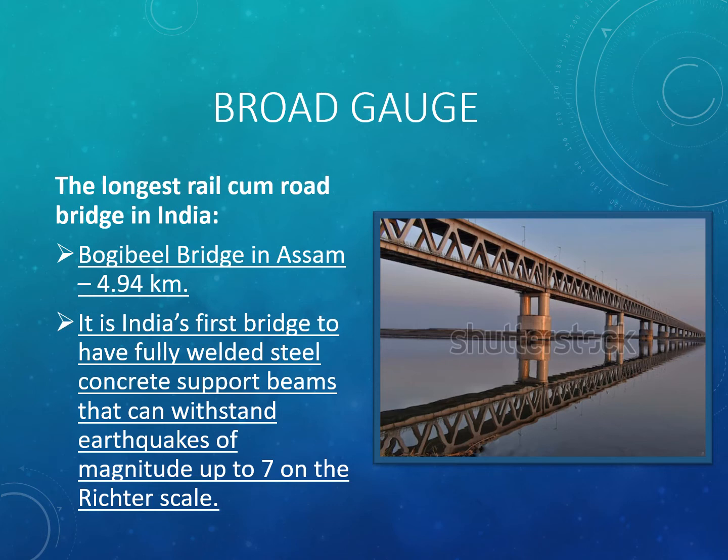As it is situated in an earthquake-prone area, it is India's first bridge to have fully welded steel concrete support beams that can withstand earthquakes of magnitudes up to 7 on the Richter scale. It is Asia's second longest rail-cum-road bridge and has a serviceable period of around 120 years.